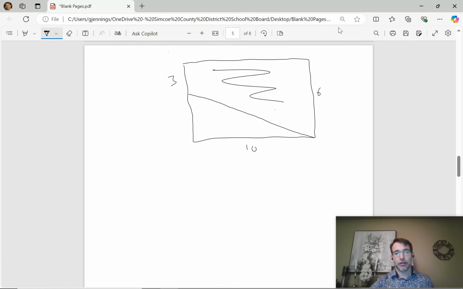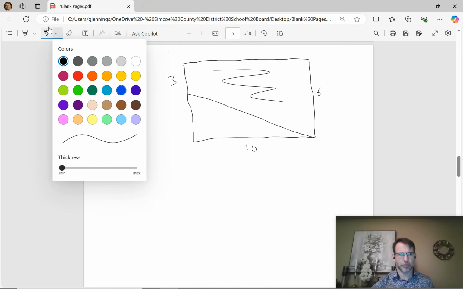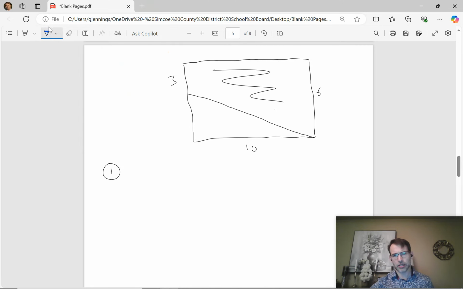All right. The first way is to do it as a composite shape, and this is probably the way I would choose to do it, because I don't memorize a lot of formulas. So what I do is I say the shaded area is equal to the area of the big rectangle minus the area of the triangle.